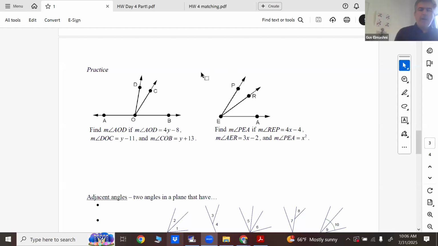Okay. Let's talk about how we will use the angle addition postulate with some algebra. So here, find the measure of angle AOD. If AOD is 4y minus 8, so this right here is 4y minus 8.